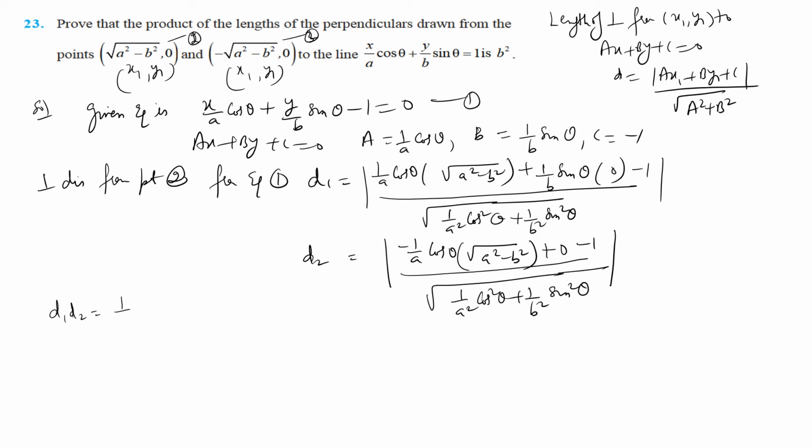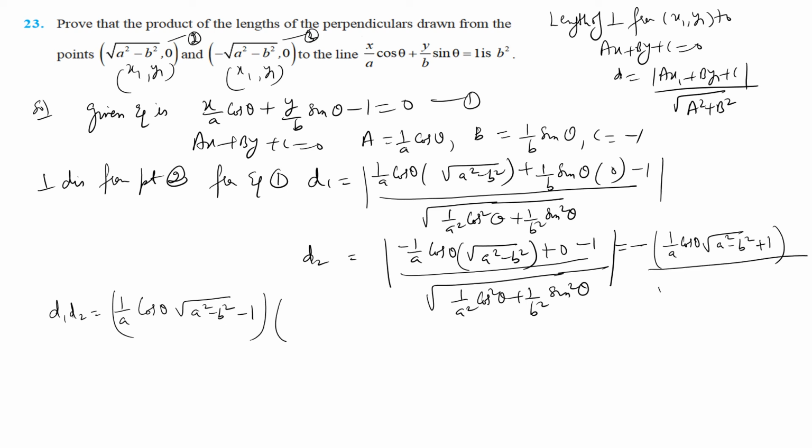Now this question is more of trigonometry. Cos theta root a square minus b square minus 1 inside, and if I take the negative sign common out of these, it will be minus times 1 upon a cos theta root a square minus b square plus 1, upon root of 1 upon a square cos square theta plus 1 upon b square sin square theta.